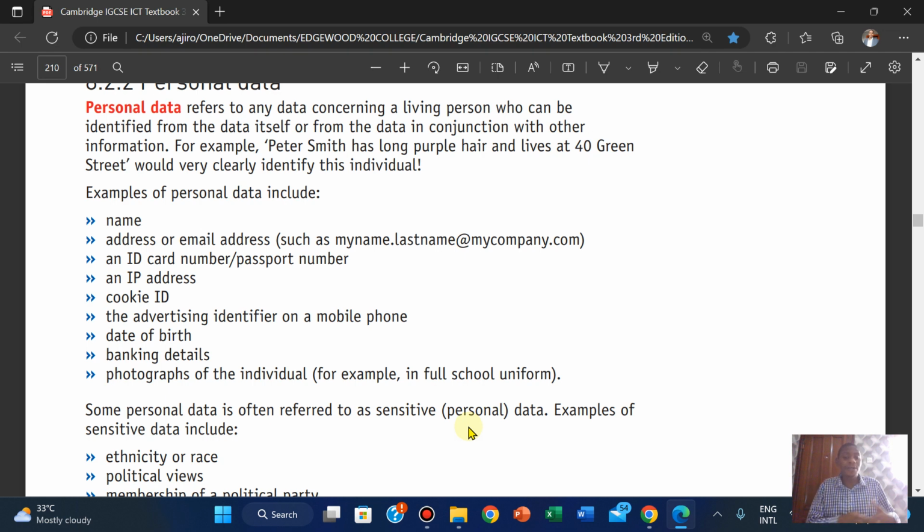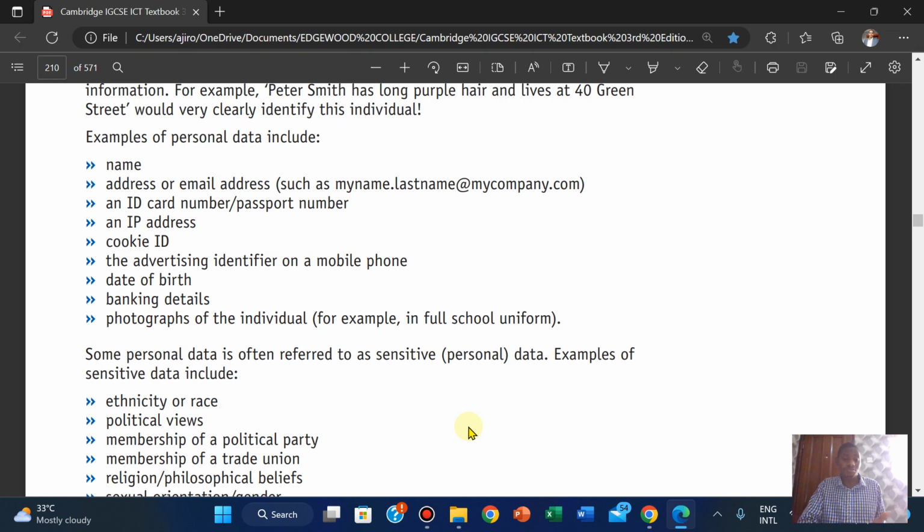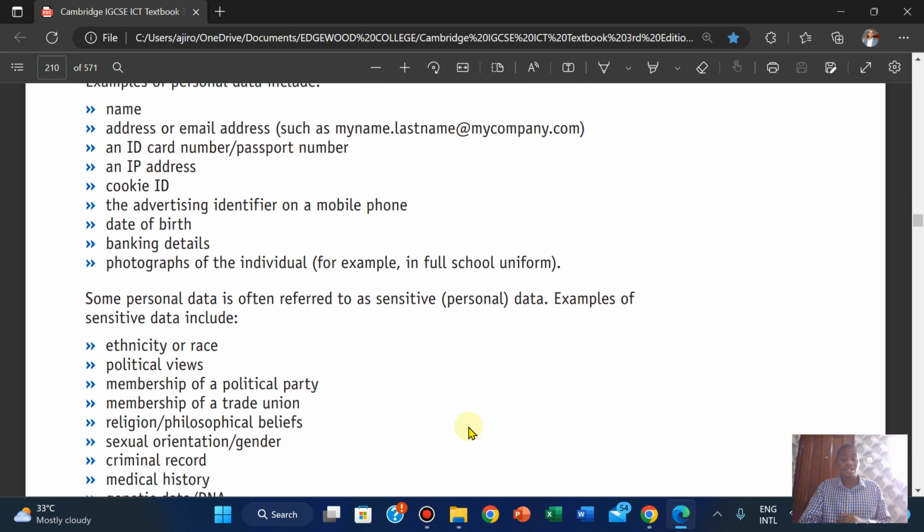Okay, so some personal data is what we call sensitive data. What do we mean by sensitive data? Examples of sensitive data include political views, your race, membership of political parties or trade unions, your criminal records, medical history, sexual orientation, or your gender.